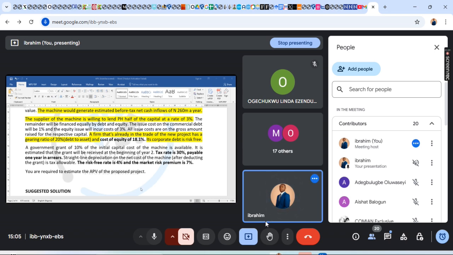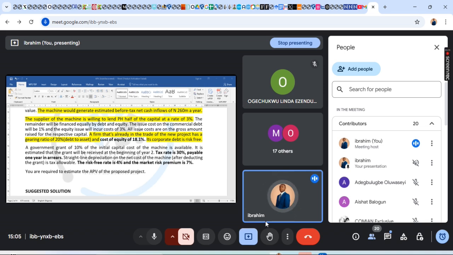Now, Madam Linda needs to identify a similar company that is operating in that bread industry, which is Aisha PLC. Is that not so?